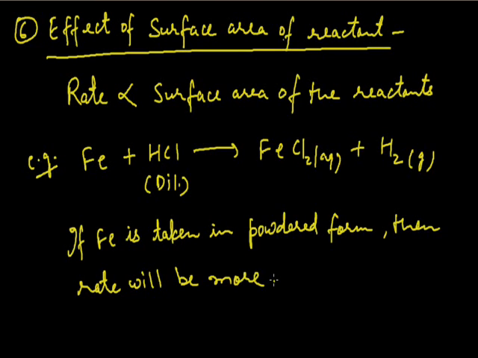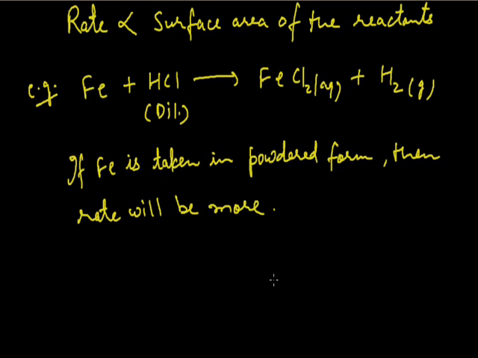So it is a common observation that small pieces of wood burn more rapidly than large logs of wood. That is another example in which surface area of reactant is affecting the rate of reaction.